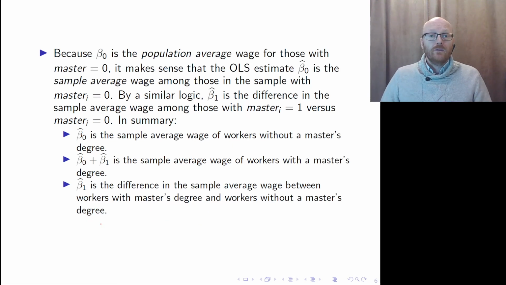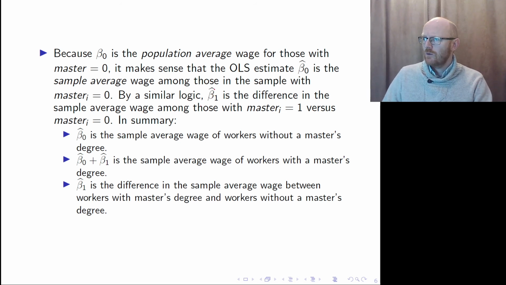So beta naught is the population average wage for those with master equal to 0, and the OLS estimate is the sample average wage among those in the sample with master equal to 0, and the same goes for those who have master equal to 1.